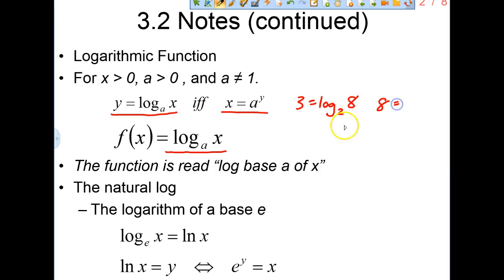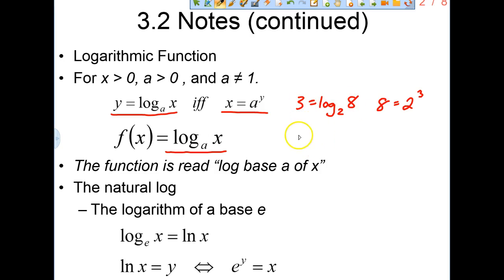So 8 is equal to a to the y. Now a is the base, so a is 2, and y in our problem is 3. So we would say 8 is 2 to the third. So yeah, that makes sense. 2 to the third is 8. So that means that the log base 2 of 8 is equal to 3.